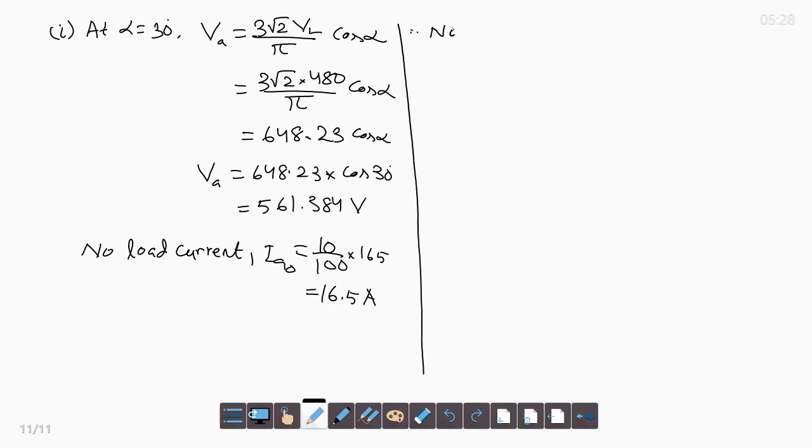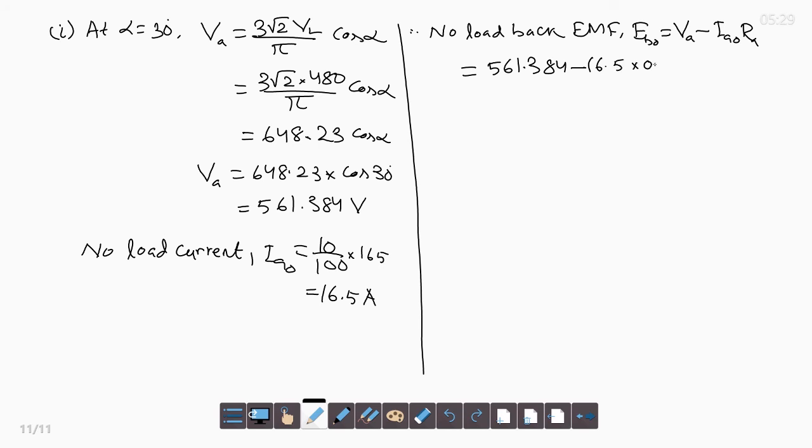So the no load back EMF, let us denote it as EB 0, is V A minus I A 0 into R A. V A is 561.384, I A 0 is 16.5 and armature resistance is 0.0874, that gives 559.94 volt.